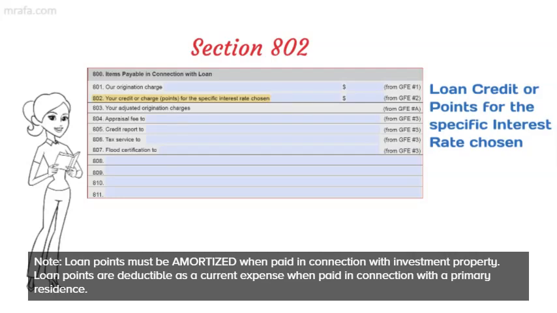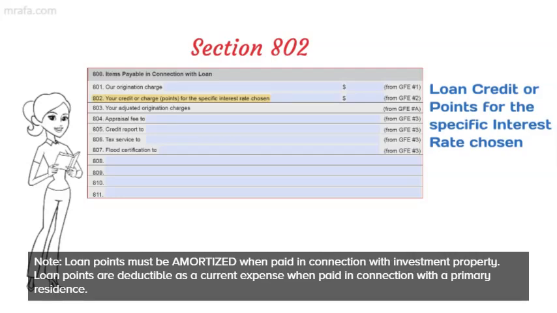So remember that if it's related to the primary residence or capital asset of your real estate, you can expense the mortgage points in the same year that you purchased the property.